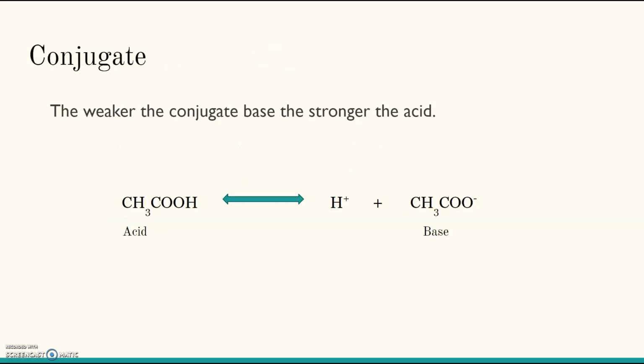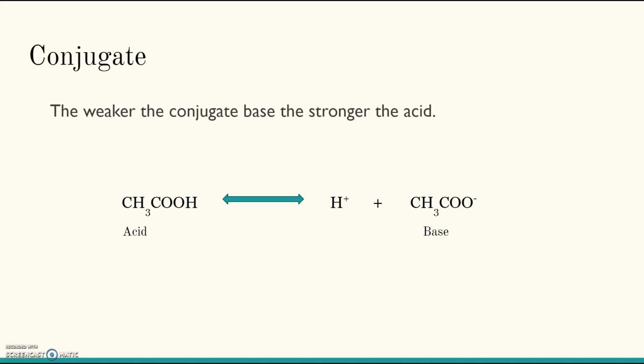So the first rule has to do with the conjugate base. If the conjugate base is not very good at absorbing a hydrogen, then it's going to be a strong acid. So, for instance, right here, let's say that the acetate ion was not very good at holding on to hydrogen.